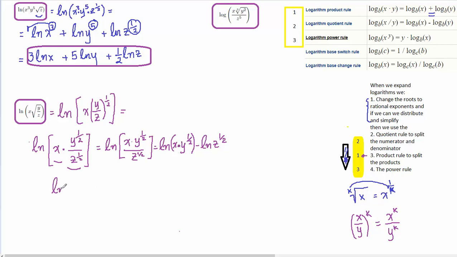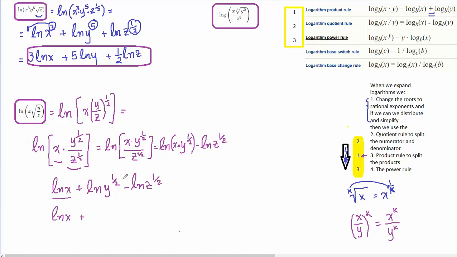And I will have ln of x plus ln of y to the 1/2 minus ln of z to the 1/2. And now that I have three terms, the first term is done, is ready. There is nothing else that I can do to simplify it further, ln of x.